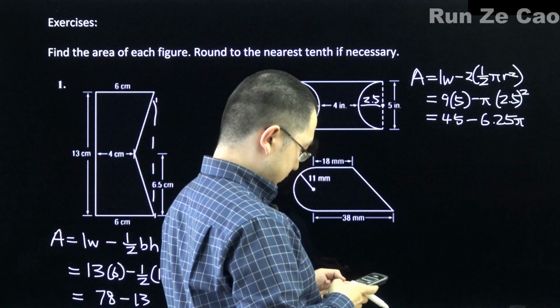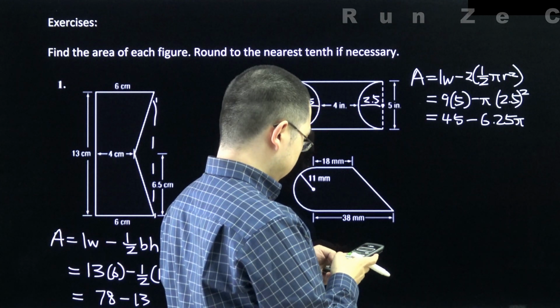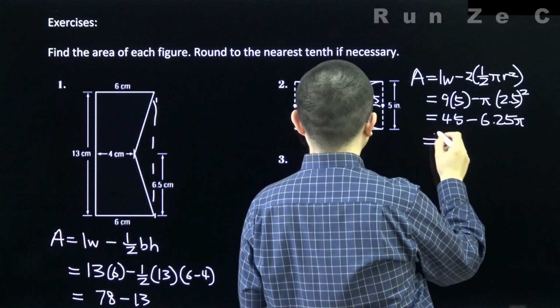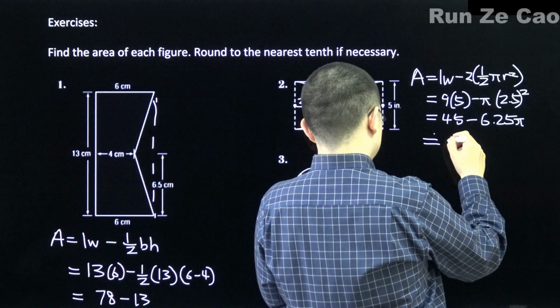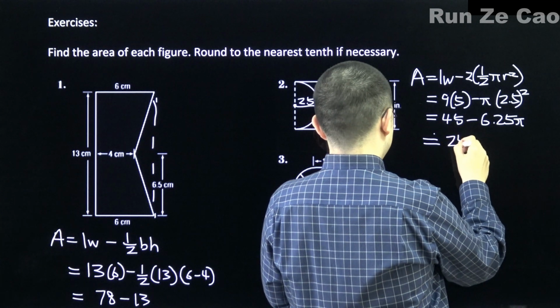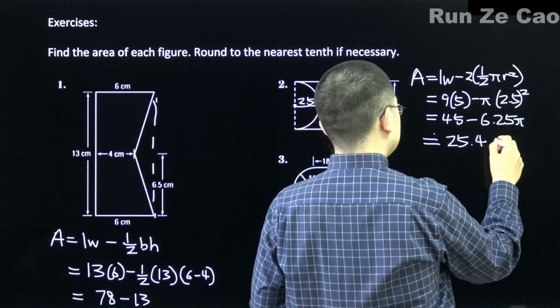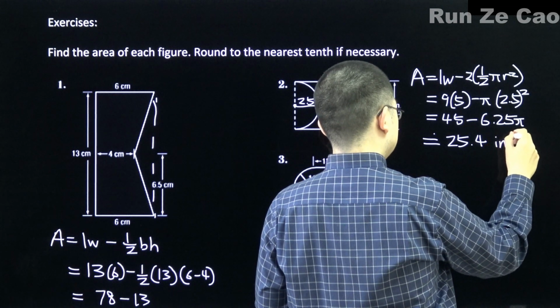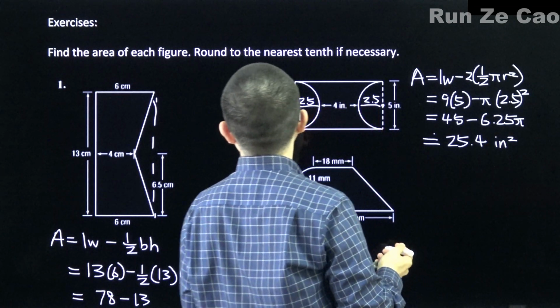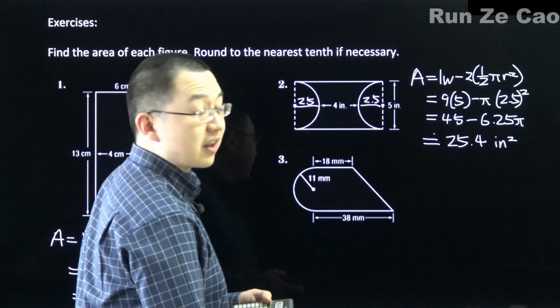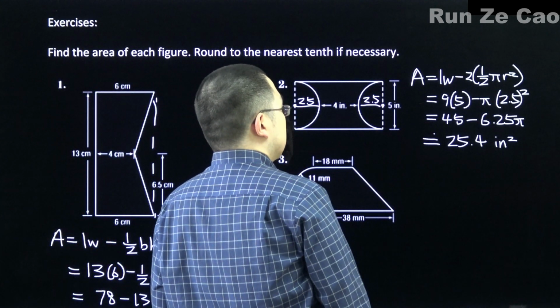Times pi, well, negative pi plus 45, and we would get approximately 25.4 inches squared. Yeah, I'm just going to go with the nearest tenth because it says round to the nearest tenth if necessary. Okay.